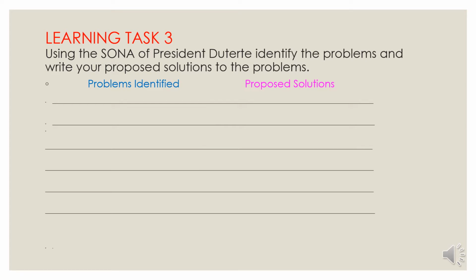The first column, we have the problems there. Everybody knows what problems are. And for the second column, you will be writing there your proposed solutions. So when we say suggested solutions, your ideas you can suggest to help you solve these problems.